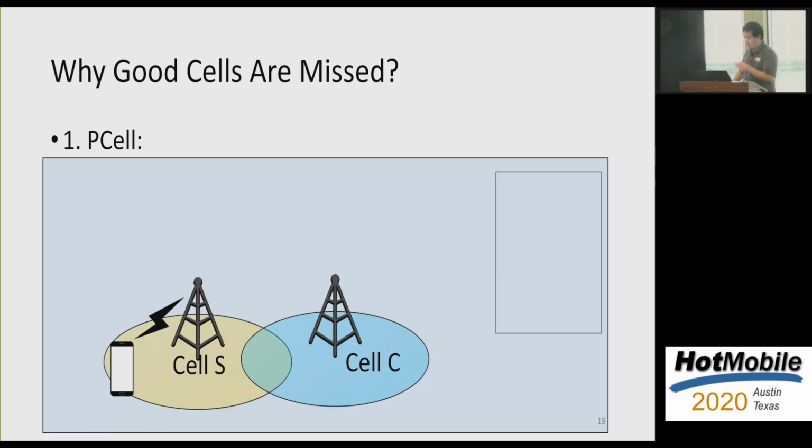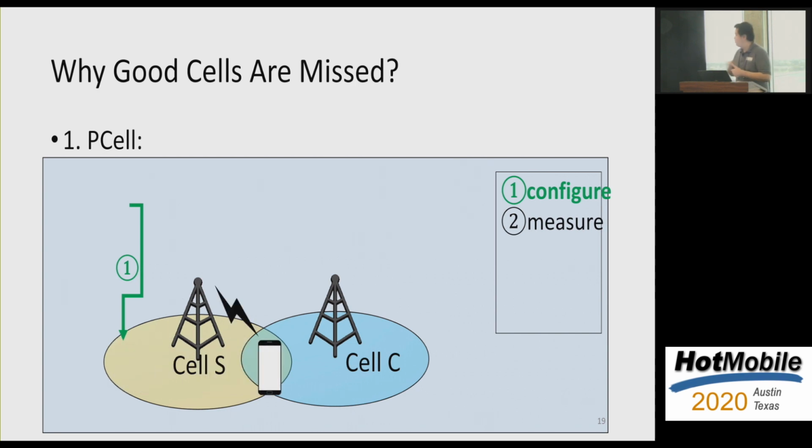Here I can show you a simple procedure of a handover. The serving cell will send the configuration to the mobile device connected to it. Based on these configurations, the mobile device will measure the radio signal. When some condition is satisfied, the mobile device will send the measurement report back to the serving cell.